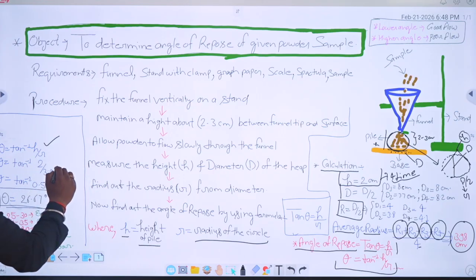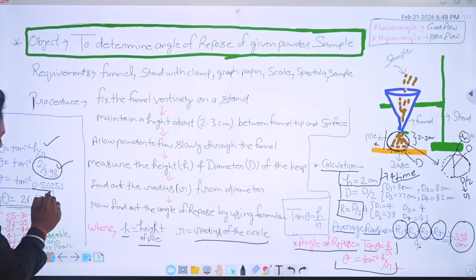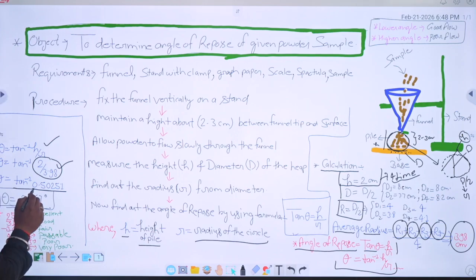After calculating, we get the value 0.50251. Then we calculate the tan inverse value and we get the theta value of 26.67 degree.